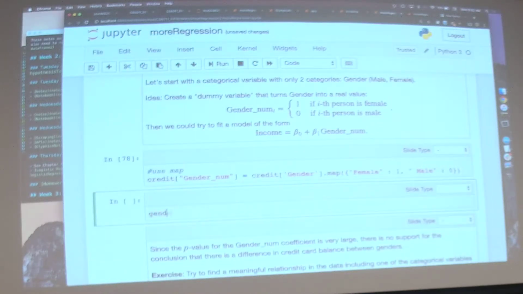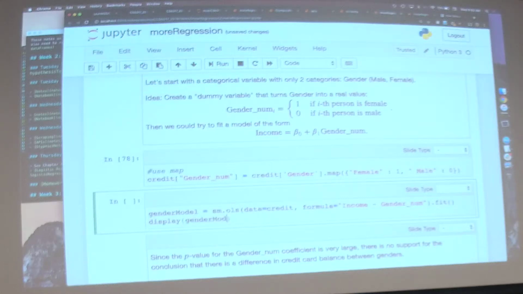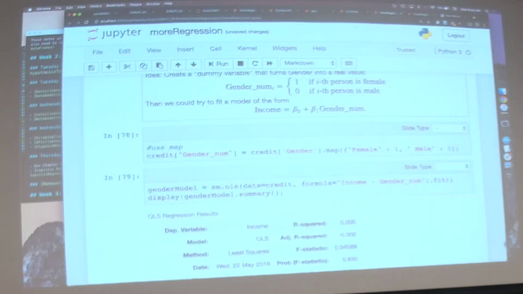Let's do another fit here. Let's see if income is a function of gender. Apparently not.